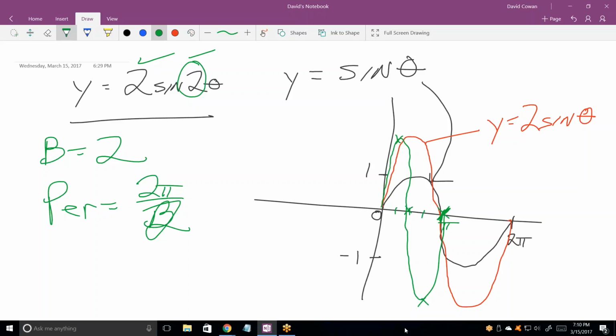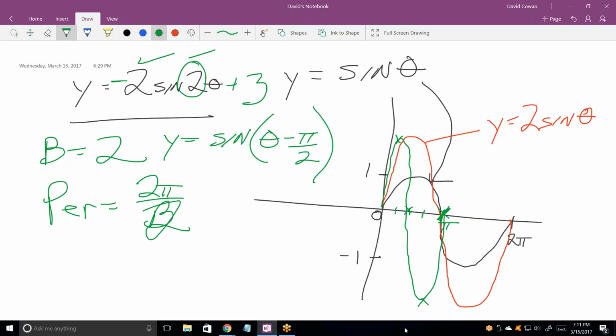So, like I said, there's nothing magical about the sinusoid function. It follows the exact same rules as all transformations do. In other words, if I put a minus sign in front of it, it's reflected over the x-axis. If I add 3 to it, that's a vertical shift up by 3 units. If I say y equals the sine of theta minus pi over 2, that's a horizontal shift.